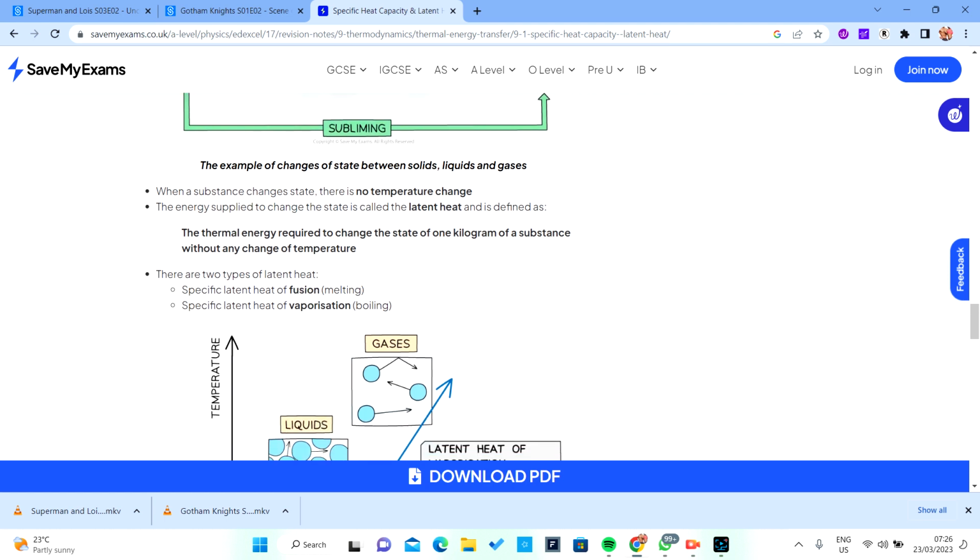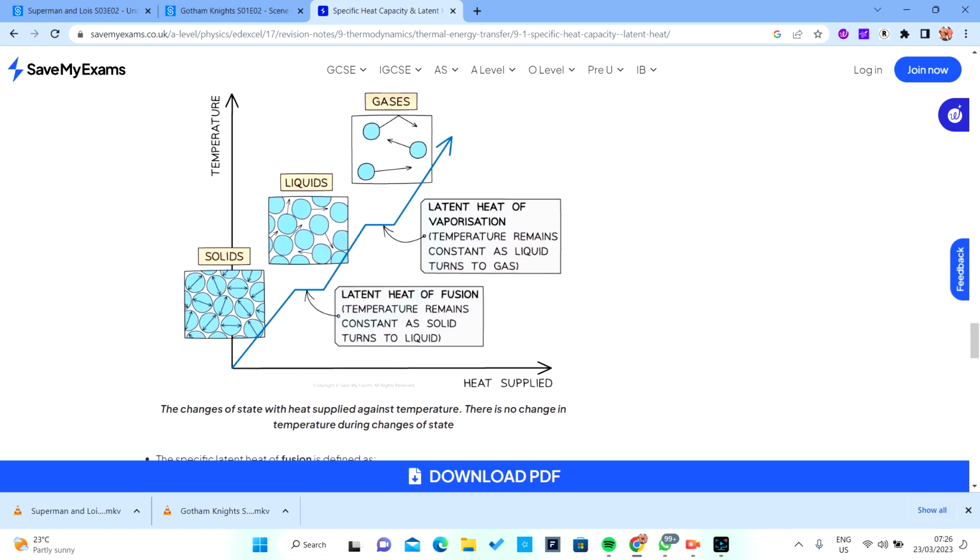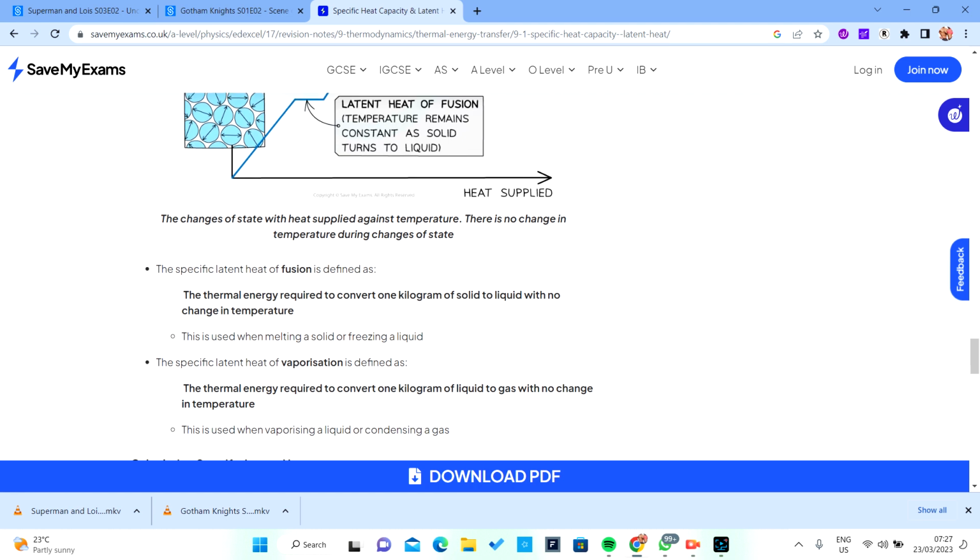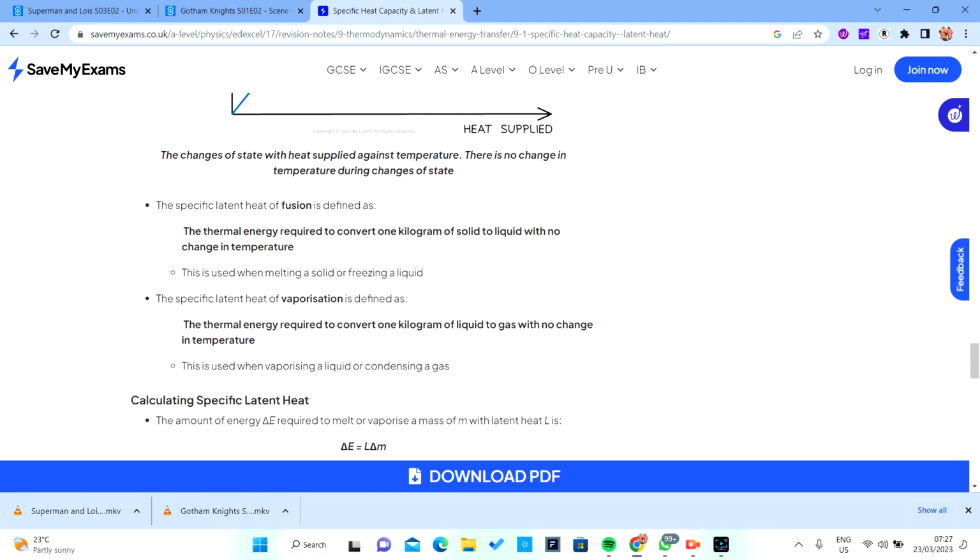So the specific latent heat of fusion is that of melting. Specific latent heat of vaporization is that of boiling. As I said before, it can be in the reverse. So if you are solidifying a liquid, it is still the same value of specific latent heat of fusion that you are going to use. Okay, so specific latent heat of fusion is the energy required to convert 1 kilogram of a solid to liquid with no change in temperature.